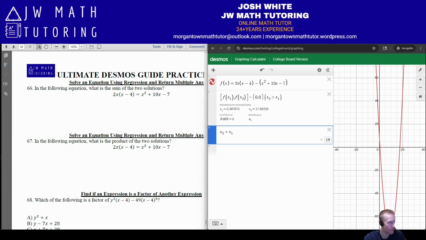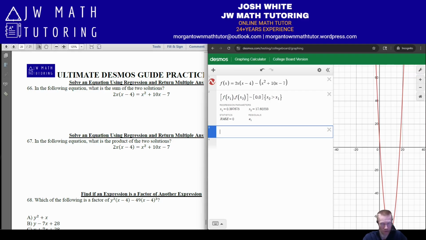So again, this is just showing you how you can get two answers when you're solving an equation using Desmos. Now, let's look at the next one, 67. So this one basically is the exact same problem. Notice the exact same equation.